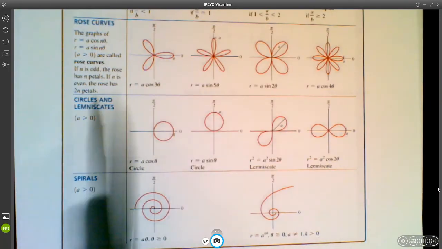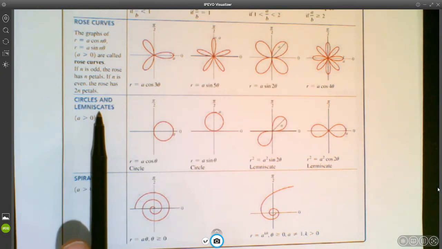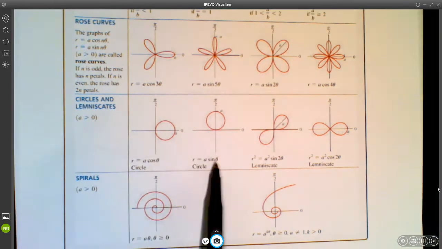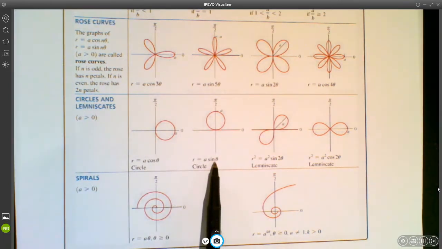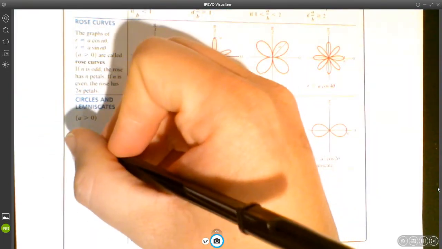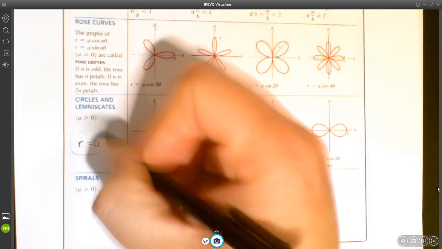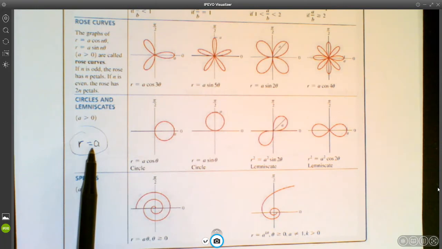Then we have circles and lemniscates. So circles have the form r equals a cosine theta or a sine theta. Or another way you can get a circle is if you just had r equals a. So the curve r equals a is just a circle centered at 0, 0 with radius a.